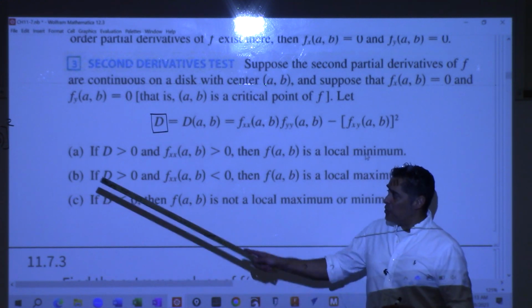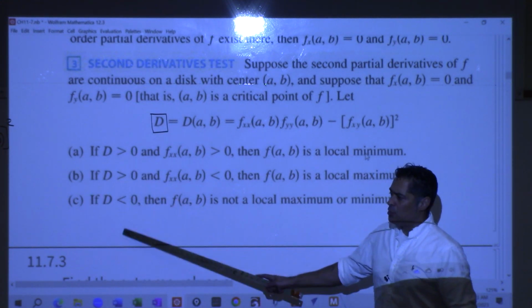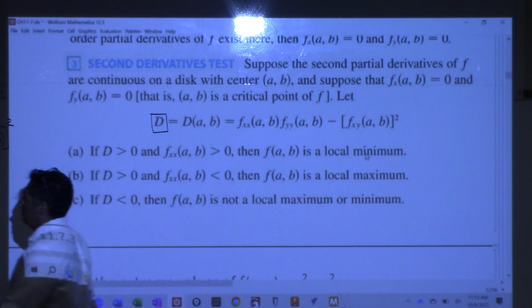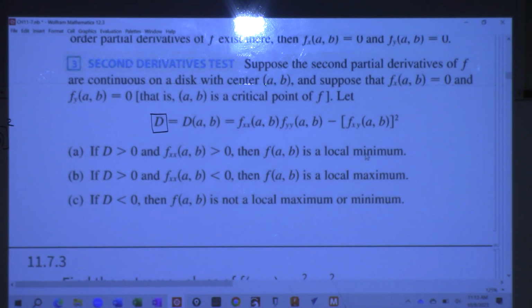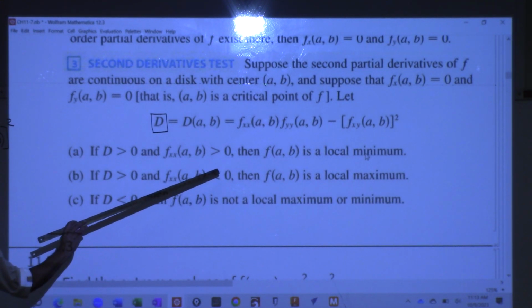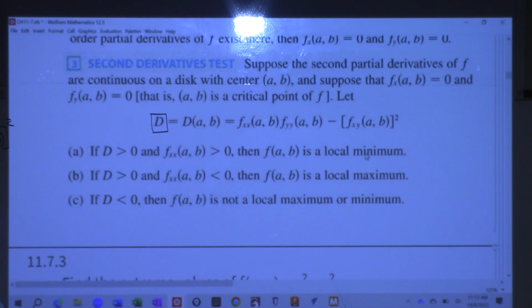All right, that's what we have to calculate. The result after we calculate that is one of these three scenarios. The first scenario is that if d is greater than 0 and the partial with respect to x twice at ab is greater than 0, then you have a local minimum.